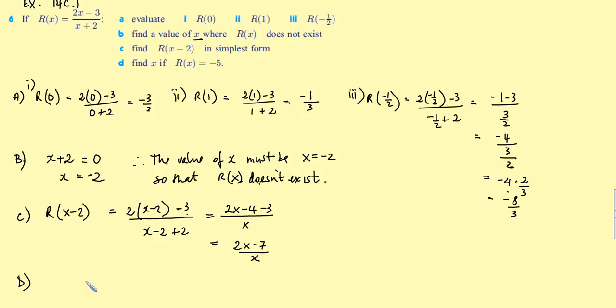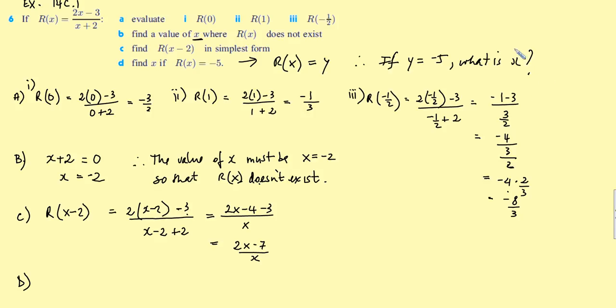Now, for part D, it says to find the value of x if r of x equals negative 5. So what this is telling you is basically this. Since r of x is really like saying y, they're basically saying if y equals negative 5, what is x?